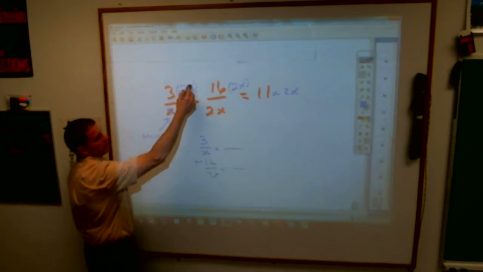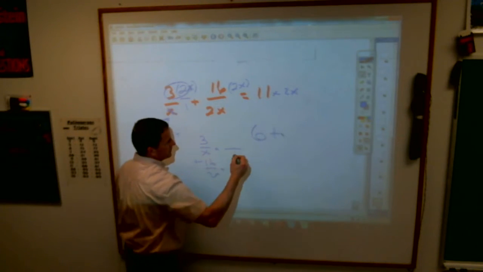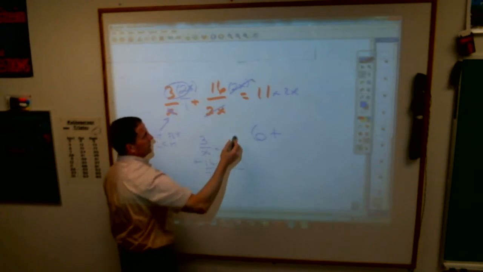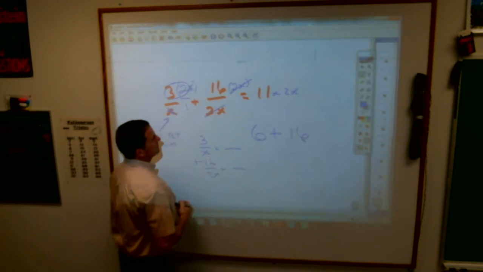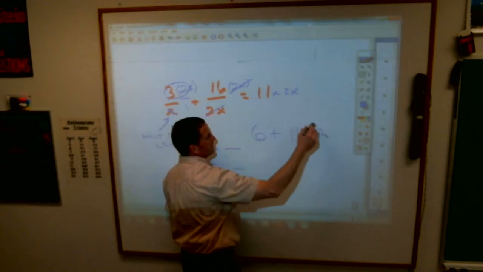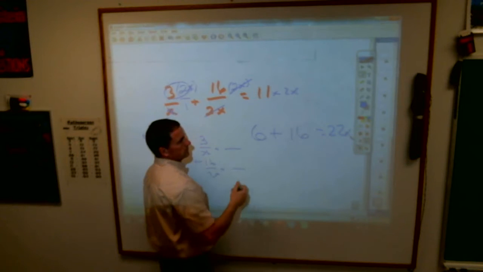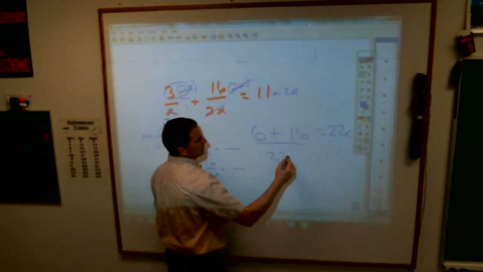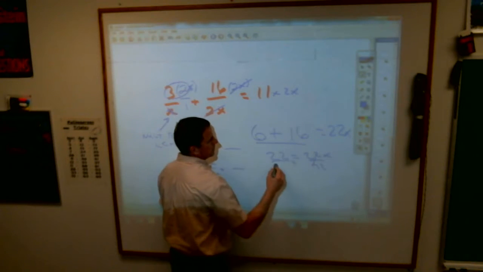This x crosses off with that x, and that leaves you with a 6 up here, plus this 2x, and that whole 2x crosses off to leave you with just a 16. And then over here you get 2x times 11, which is 22x. So you end up with 22 equaling 22x, and x equals 1.